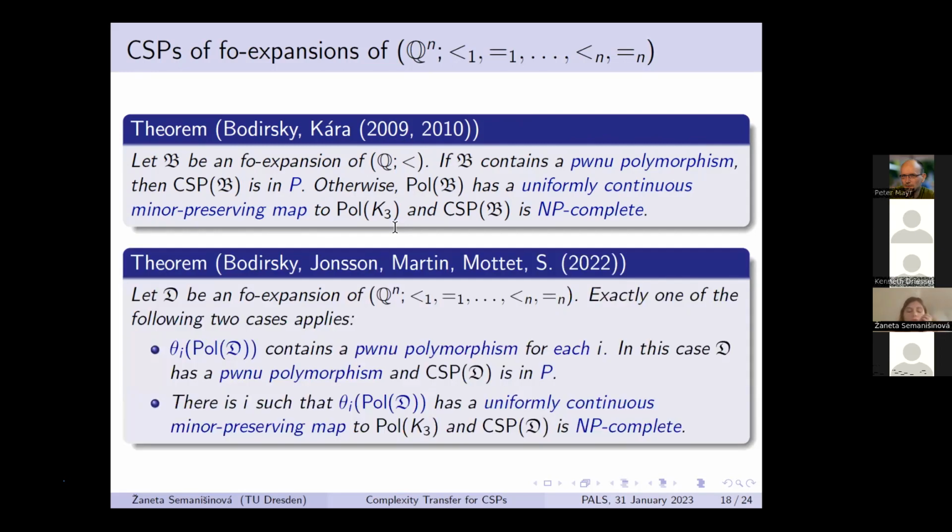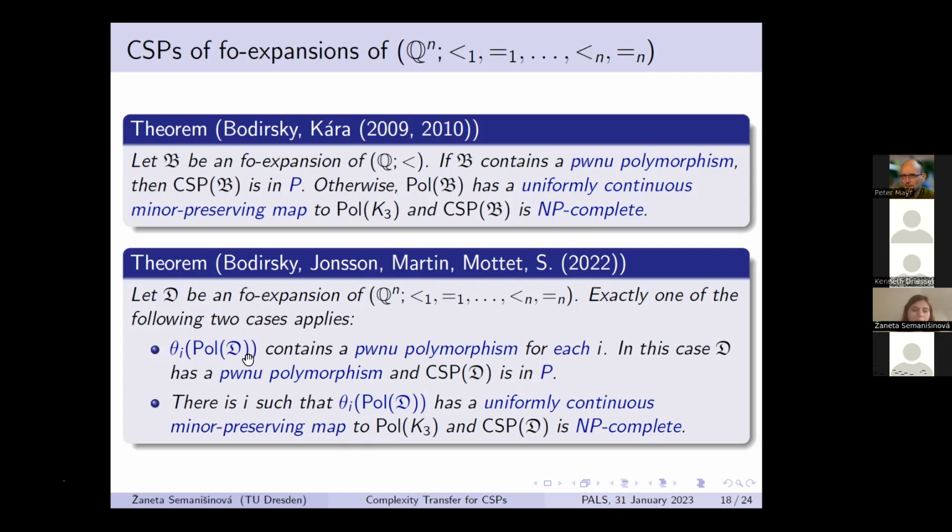Yeah, and so what we eventually proved for the n-dimensional case is that if you have a first-order expansion of the nth algebraic power of Q, then exactly one of the following two cases applies. This doesn't even depend on the P versus NP question.